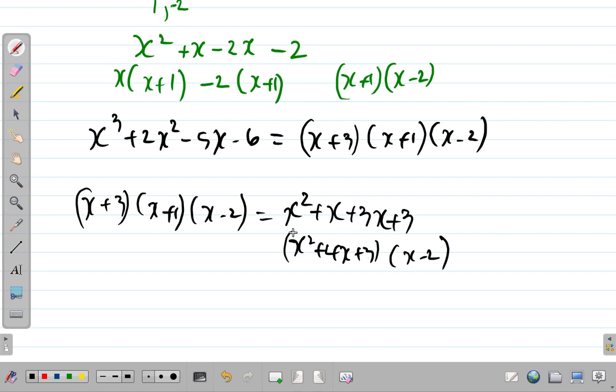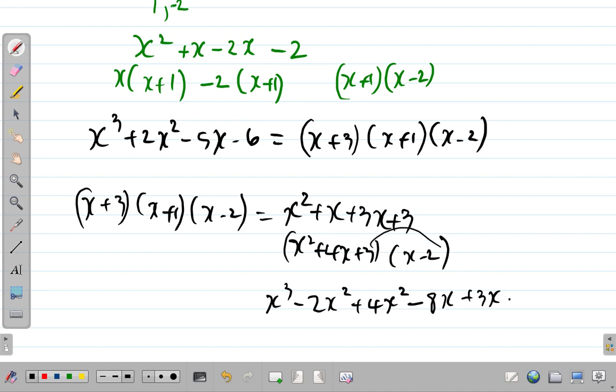We have x squared by x gives you x cubed. Alright? x squared by -2 gives you minus 2x squared. 4x by x will give you 4x squared. Okay. 4x by -2 will give you -8x. Alright. 3 times x will give you plus 3x.